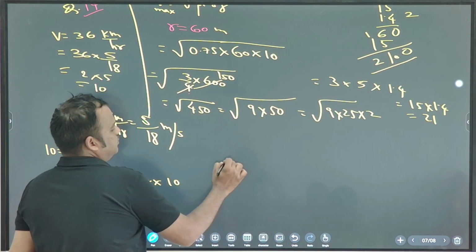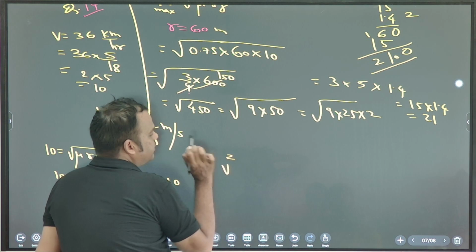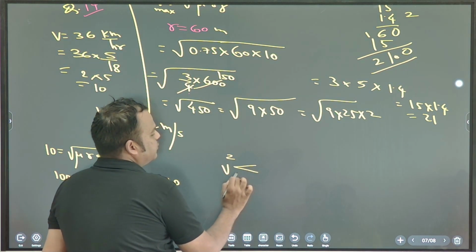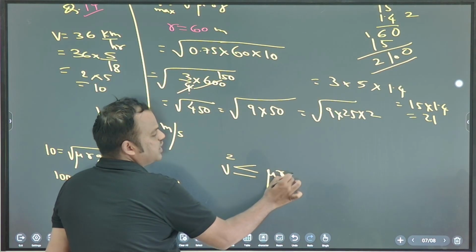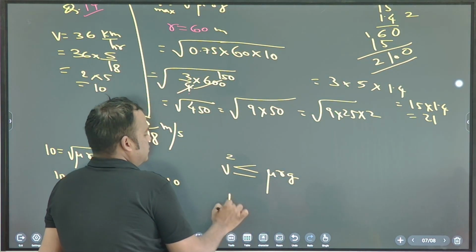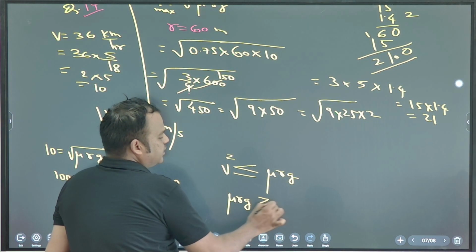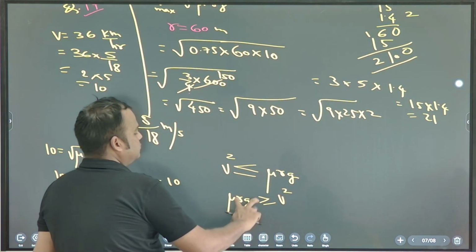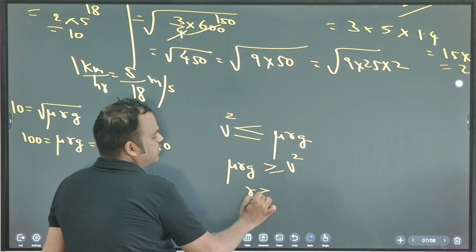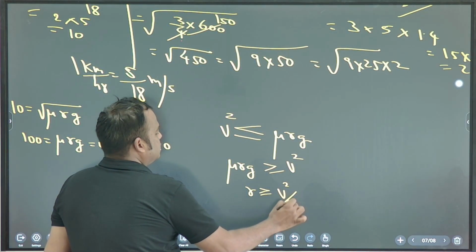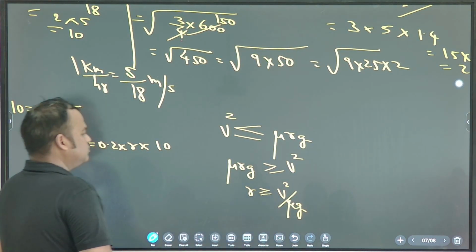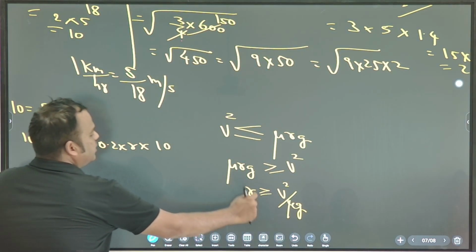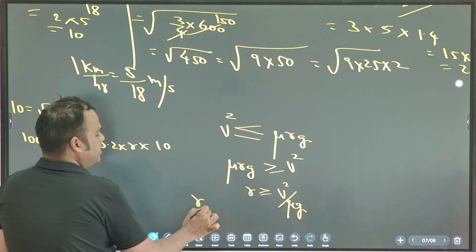V square must be less than or equal to mu rg. That means mu rg must be greater than or equal to V square. So R must be greater than or equal to V square by mu g. So what is the minimum value of R?